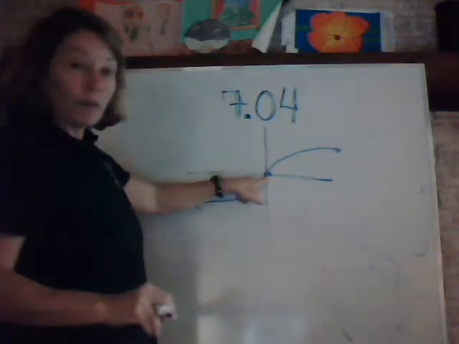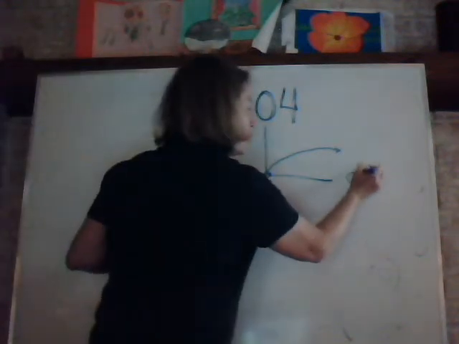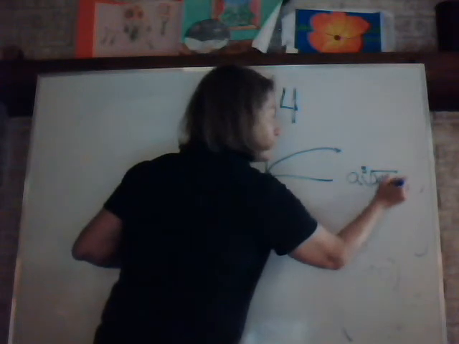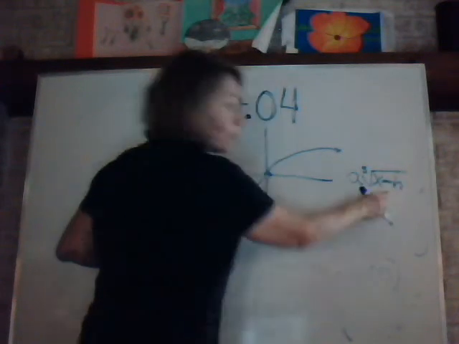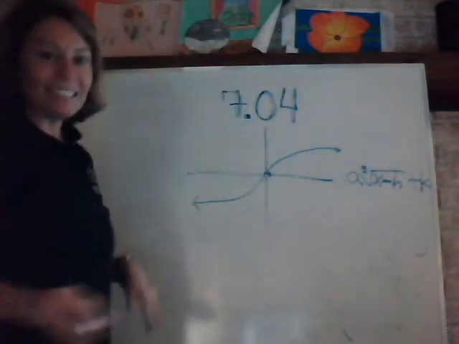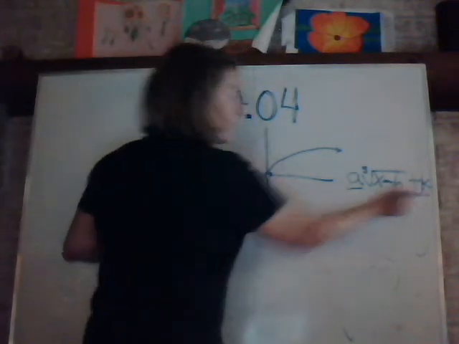Now, I like to focus on the origin and what happens to it. Okay, a times the cube root of x minus h, all under the radical, plus k outside the radical. Exactly the same as the square root function. What does a do? What does h do? And what does k do?